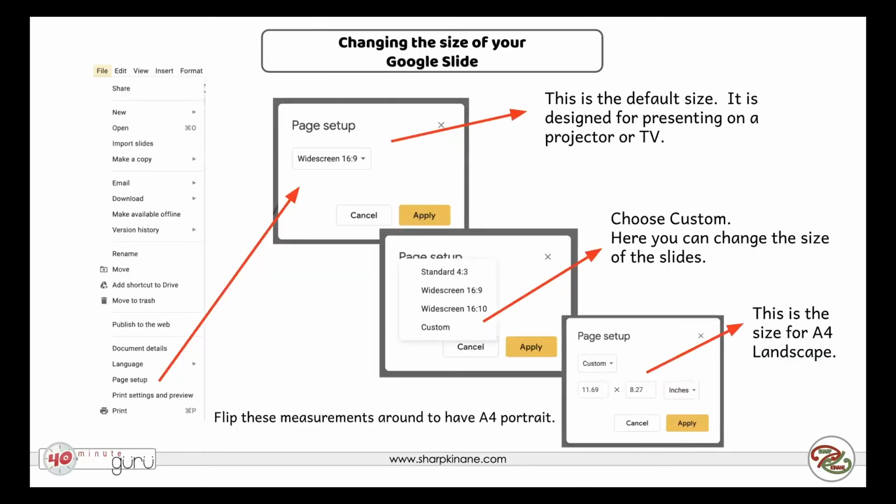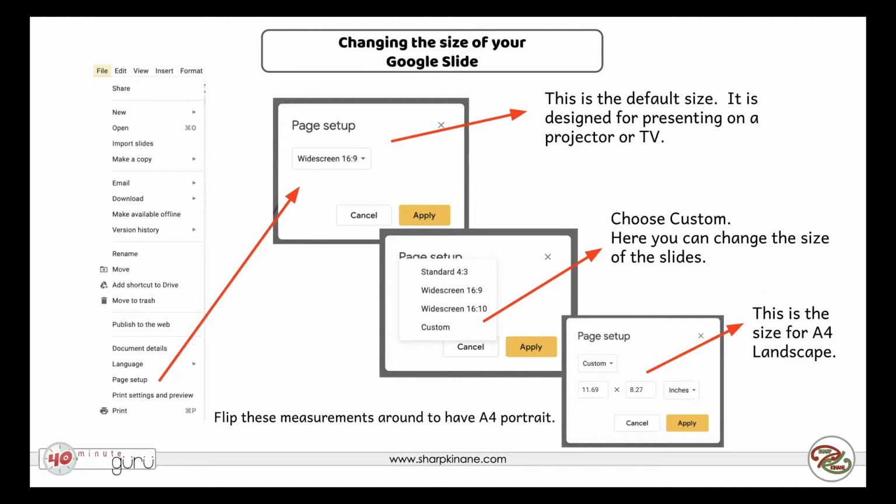Okay, so if you've ever printed from Google Slides, and I know that most people have had some experience with this, you'll find that if you print it in the default size, you end up getting a rather wide blank margin and it doesn't look good on the paper. And that's simply because Google Slides is ultimately a presentation tool.